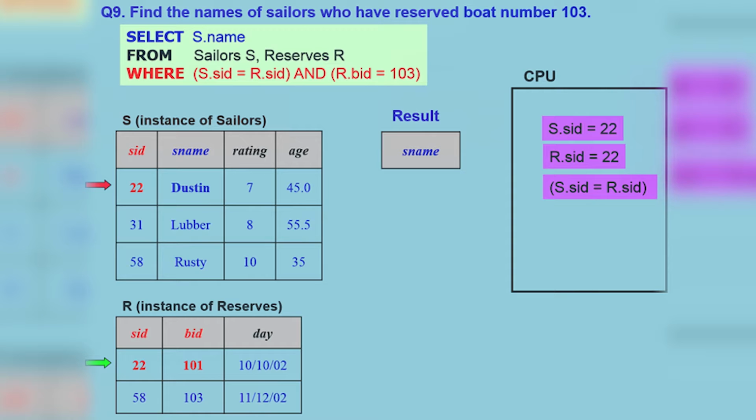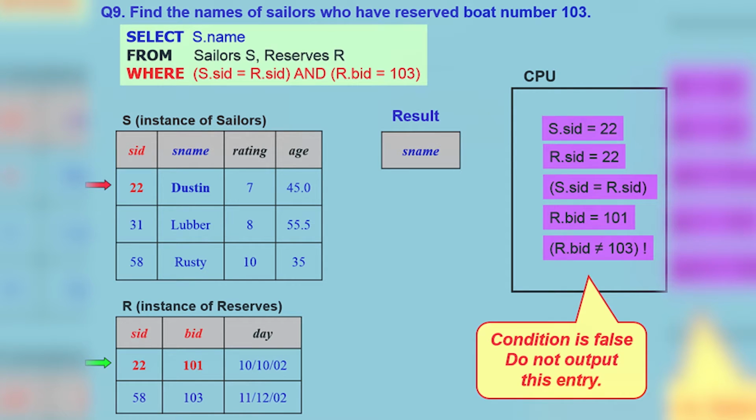Our first condition is true. Let's check the second condition. R.BID is equal to 101. R.BID is not equal to 103. Condition is false. Do not output this entry.